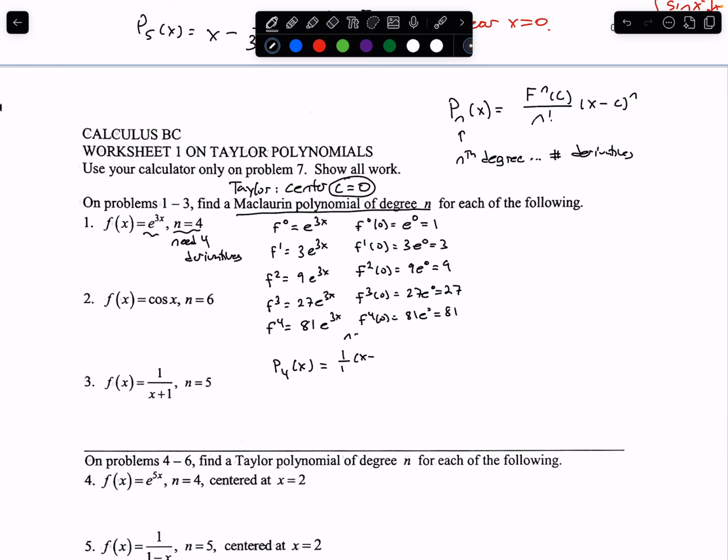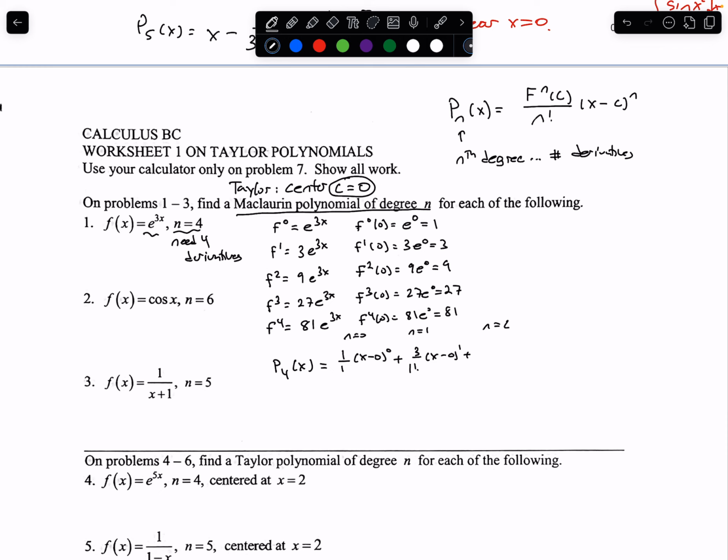So remember, we're doing n equals 0 first, right? x minus 0 to the 0, plus, remember, we're going to add these. Now we're going to let n equal 1. Plug in, we get 3 over 1 factorial, x minus 0 to the 1. Let n be 2. Same thing.